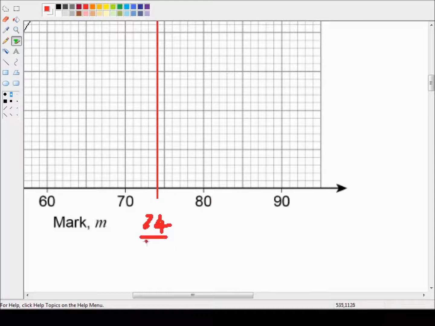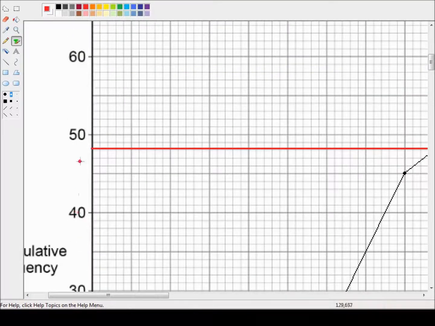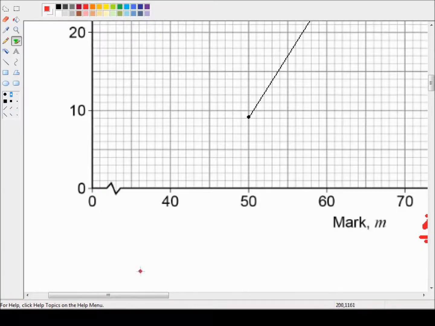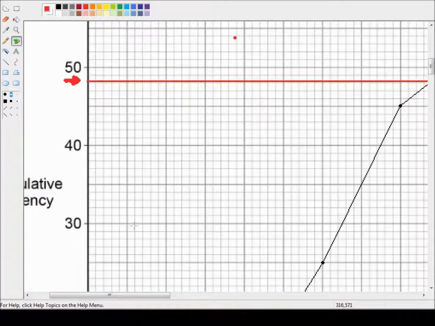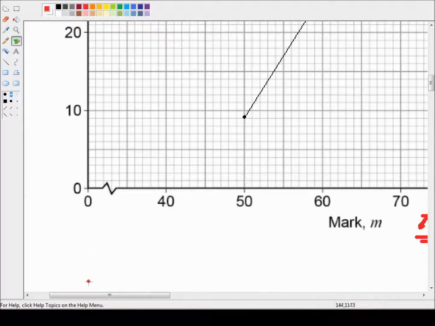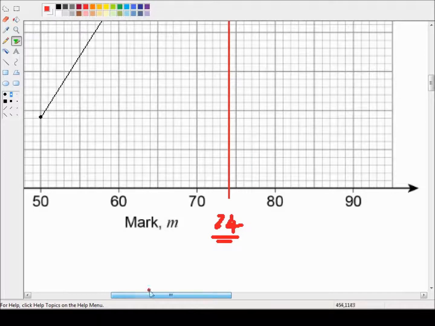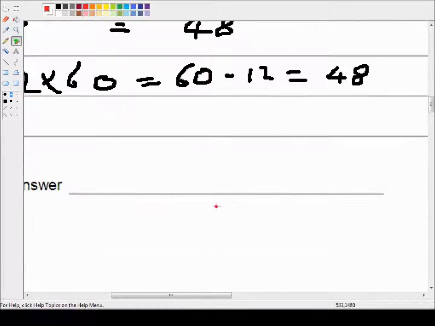So this is the mark of the 48th student, sorry, I did not say 48th percentile, the 48th student, if you will, which is the 80th percentile, will be 74. So the mark we're looking for is 74.